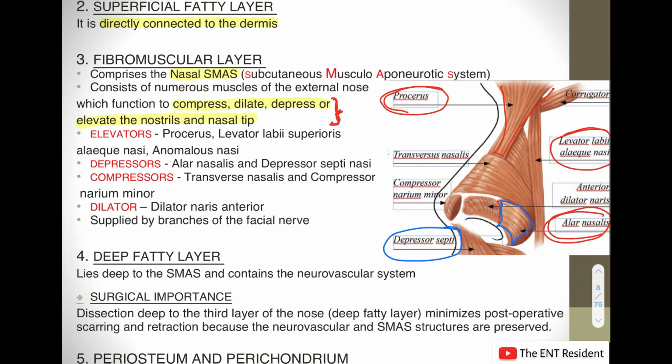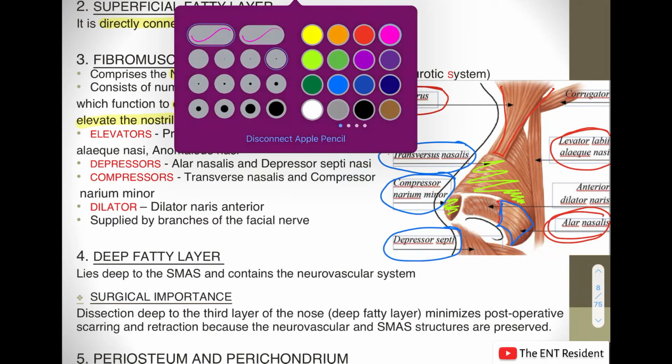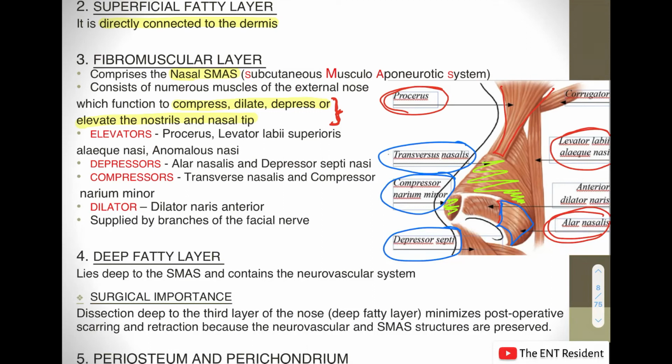The compressors of the nose are the transverse nasalis and the compressor narium minor. So, this over here is the transverse nasalis and this is compressor narium minor. So, these are the compressors of the nose. And dilator, there's only one dilator that you need to know about, which is the dilator naris anterior over here.